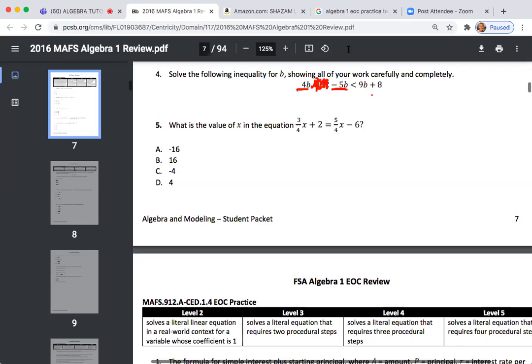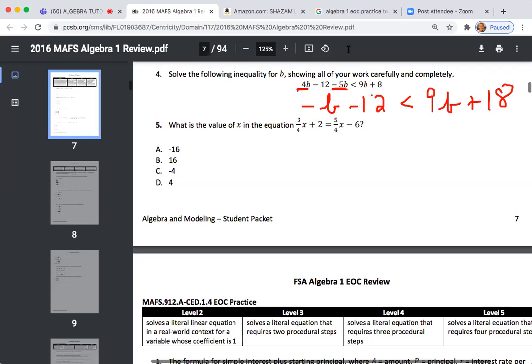Now, if you are online, obviously I'm using my pen to cover up the negative 12, but it's the same thing. 4B take away 5B leaves you with a negative B. Bring down the minus 12, bring down everything else, including what's on the right.